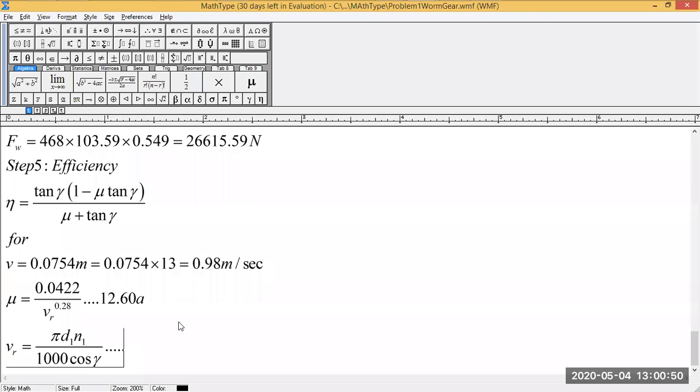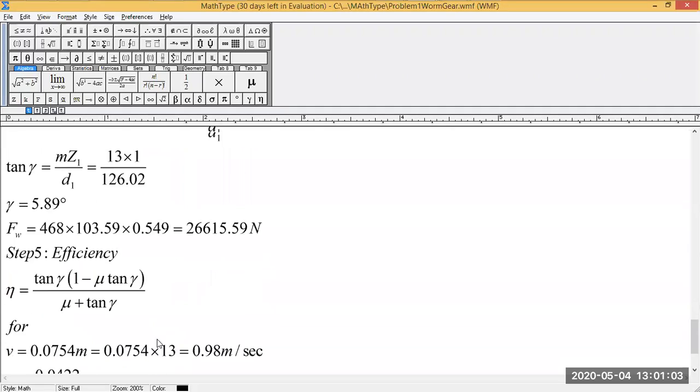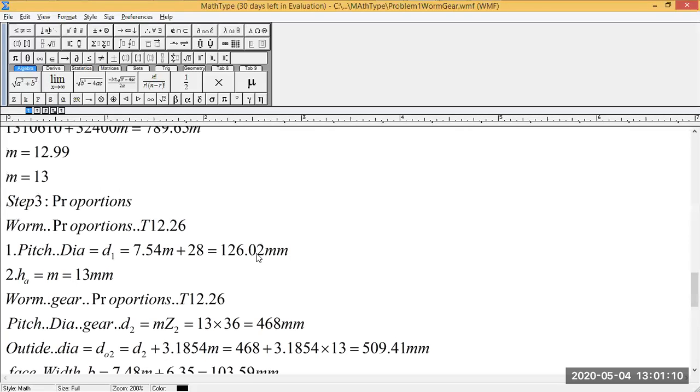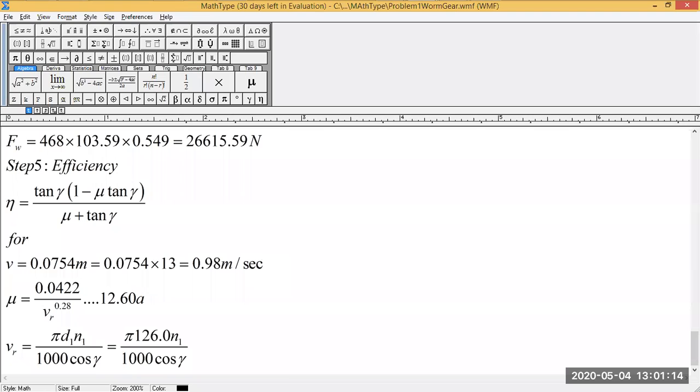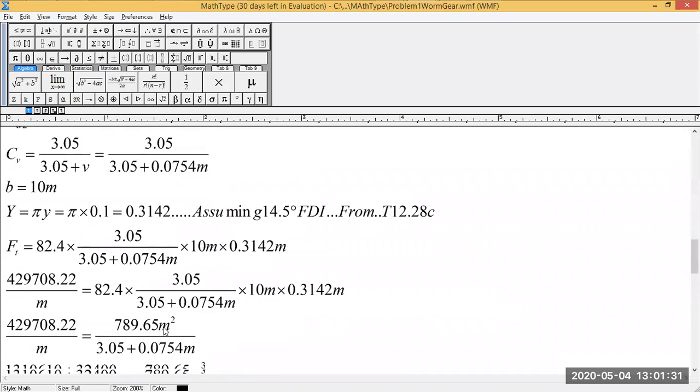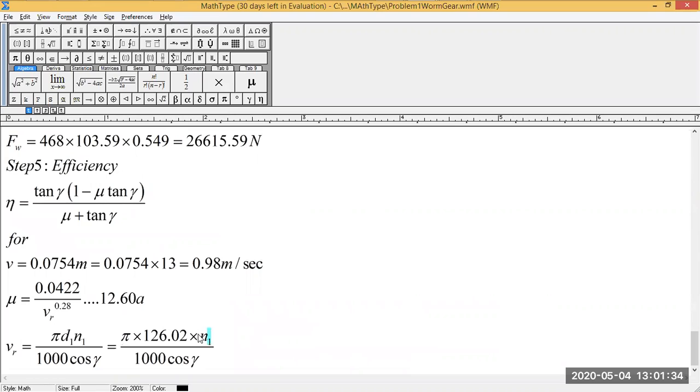Let's substitute this as it is. So d1 here is 126.02, multiplied by n1, which is 1,440, over 1000 cos gamma.